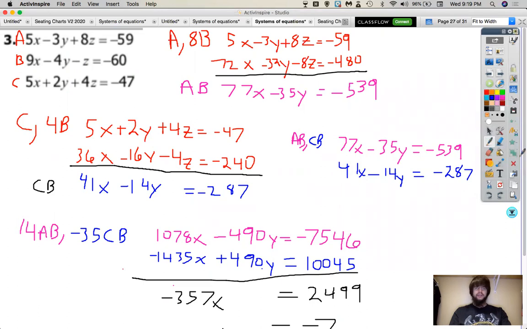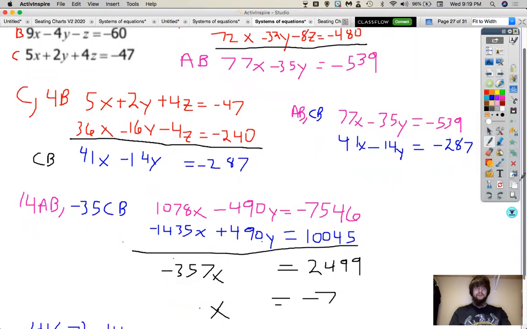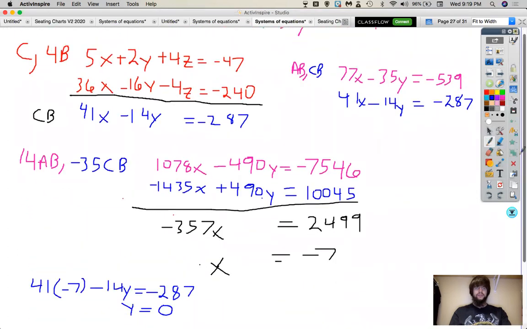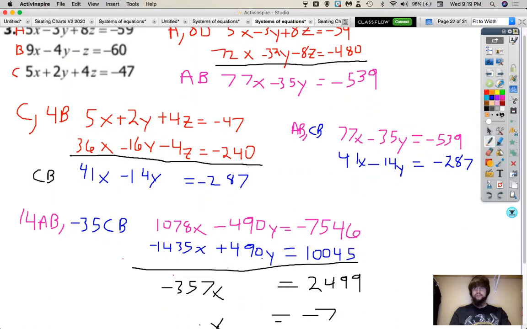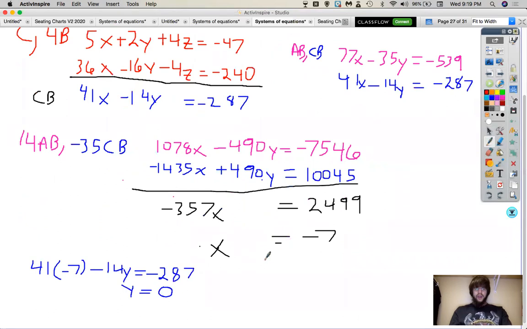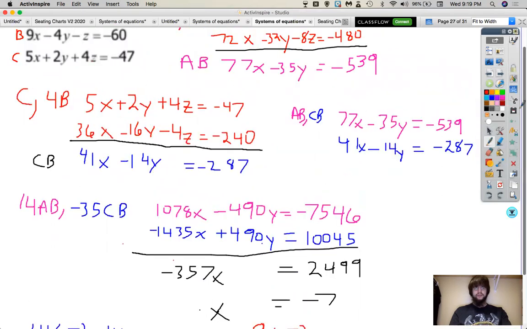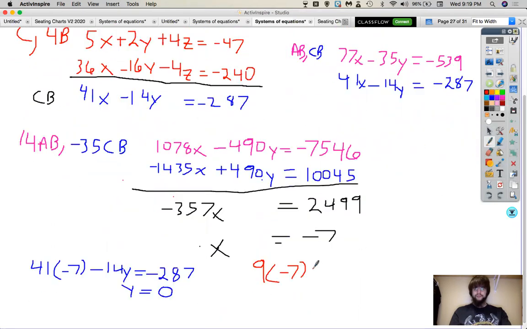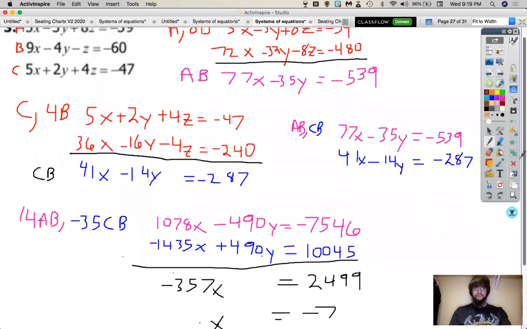9x, 4y, negative Z. So 9x minus 4 times 0, minus z equals negative 60.